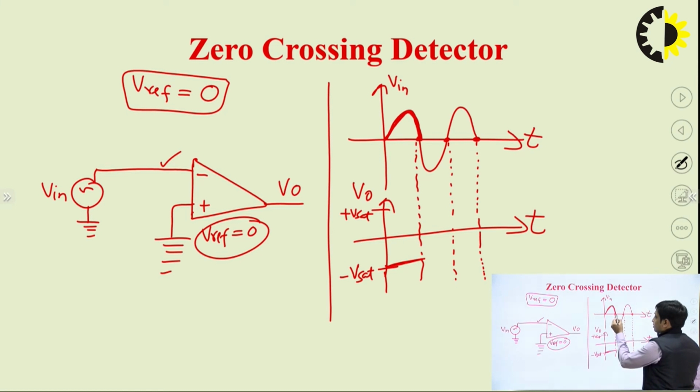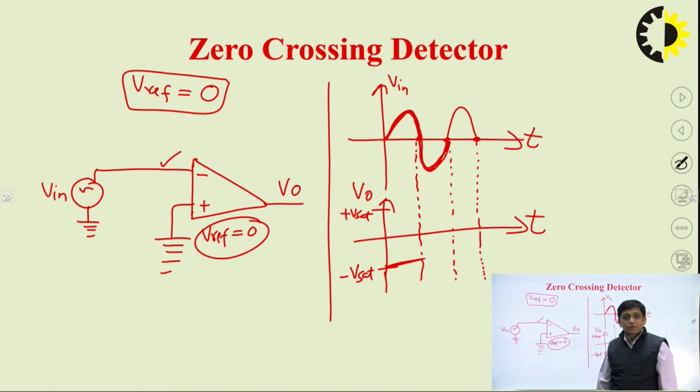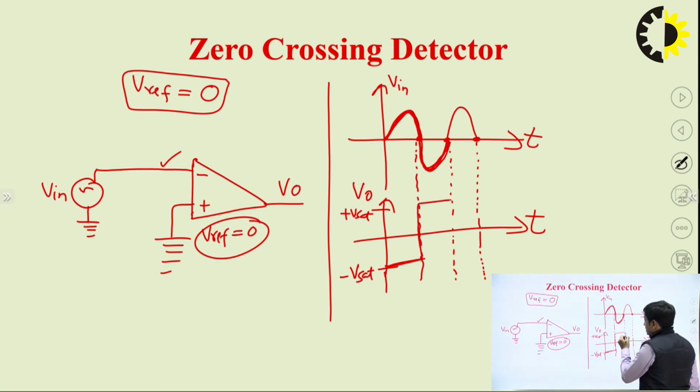Similarly, for the negative half of the sine wave, you can see which terminal voltage is greater. Since 0 is greater than negative, the non-inverting terminal voltage is greater, so the output will be at plus Vsat.